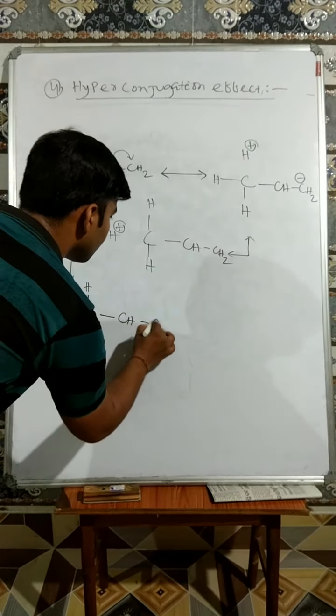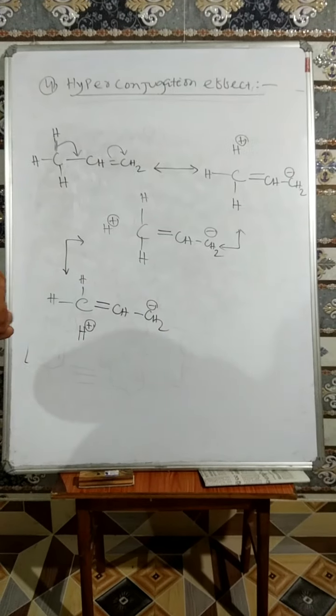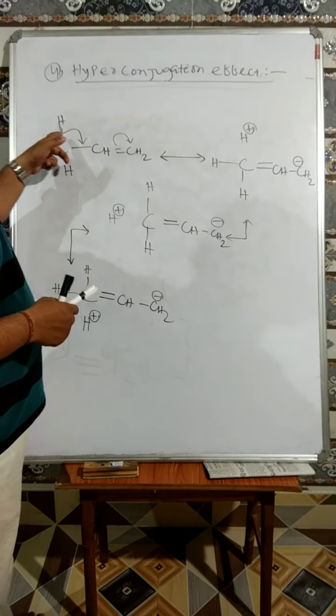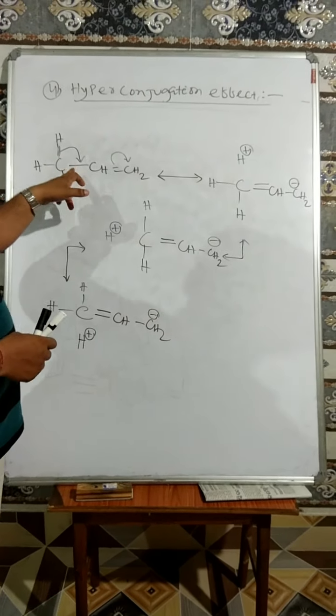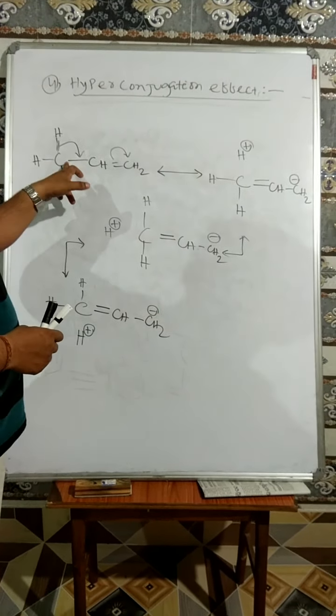You see in all the structures, here the sigma electrons shifted to the adjacent carbon atoms, and the pi bond shifts towards the next carbon atom.